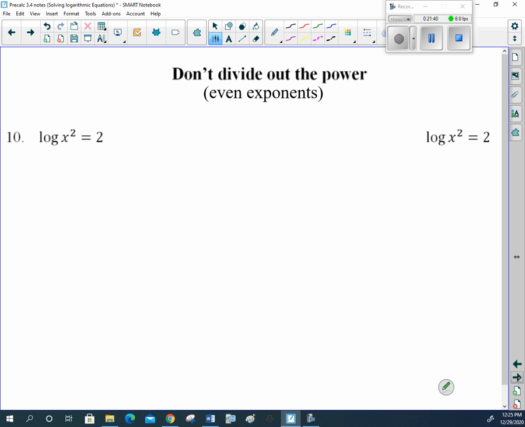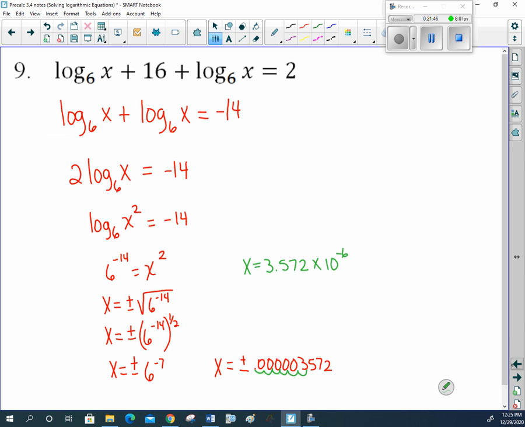Okay, so if you noticed on this slide over here, when I was solving, right here in this step, this power, you could divide it over here if you wanted. And in this particular problem, it would have been okay to do, but not in this particular problem.